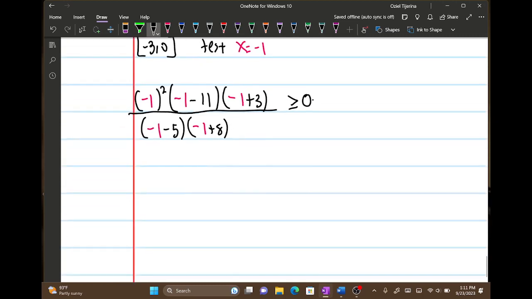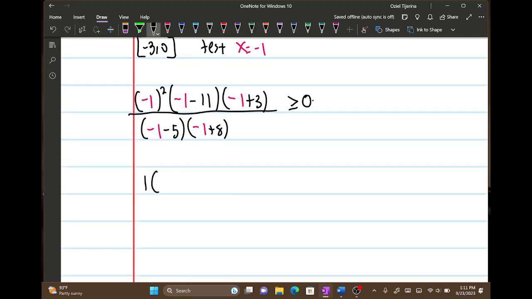Now we get 1 times -12 times 2, excuse me, over, and -1 minus 5 is -6, and then -1 plus 8 is 7. So we get a negative over a negative, okay, because up here obviously it's going to be negative, and down here it's going to be negative, so this will be a positive.